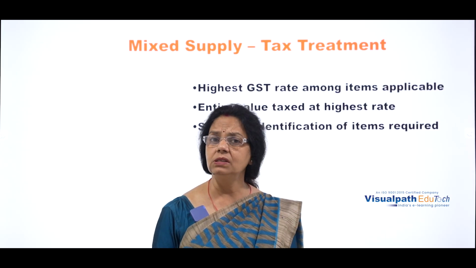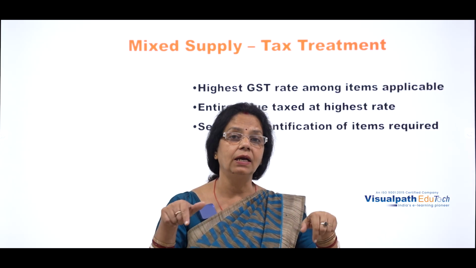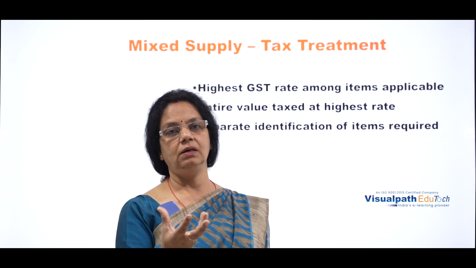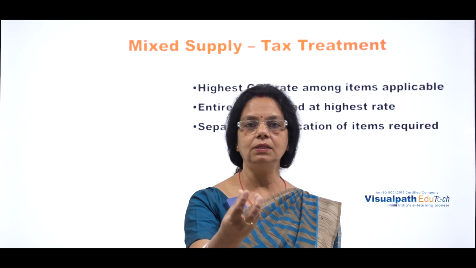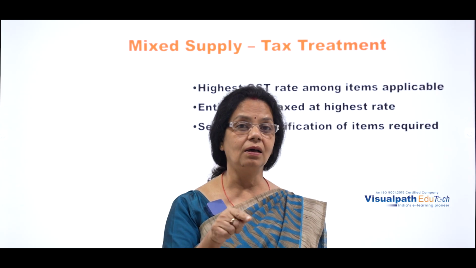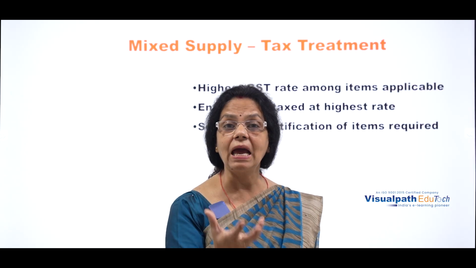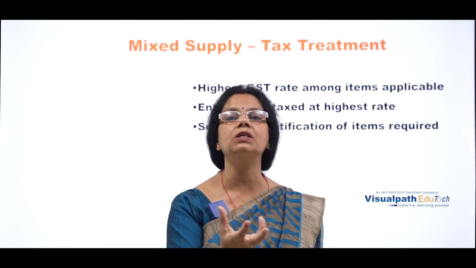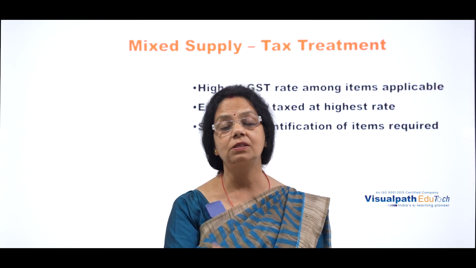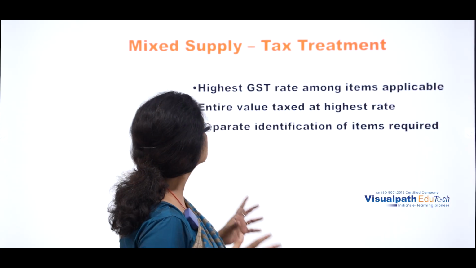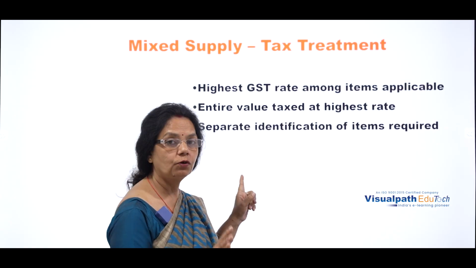Can you tell me what is the highest rate among all these three items of McDonald's? One is burger, one is Coke, another is French fries. Yeah, that is correct. The correct answer is burger. So whatever tax is calculated, it will be calculated on the burger, the highest value. Fine. So this is the treatment of tax.